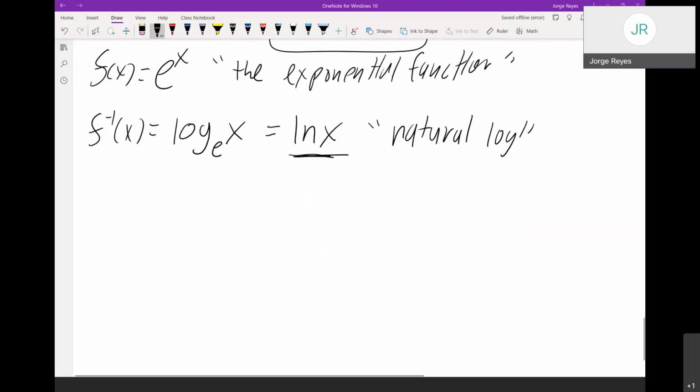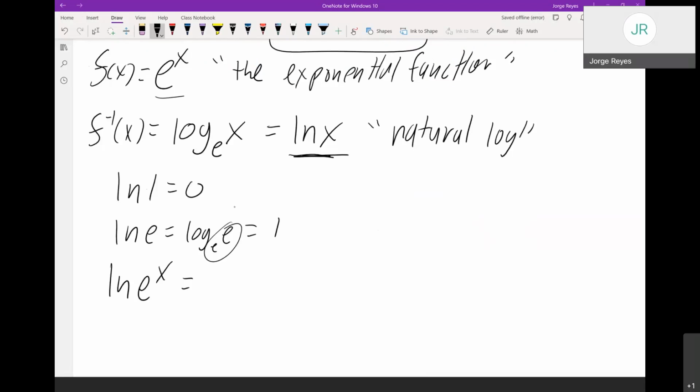And really there's nothing special about it. It's just that it's the inverse to e to the x, which is special. So it does all of the same things. Natural log of 1 is 0. Natural log of e is 1, because remember, technically it's log base e, so they match. Natural log of e to the x is x, and e to the natural log x is x.